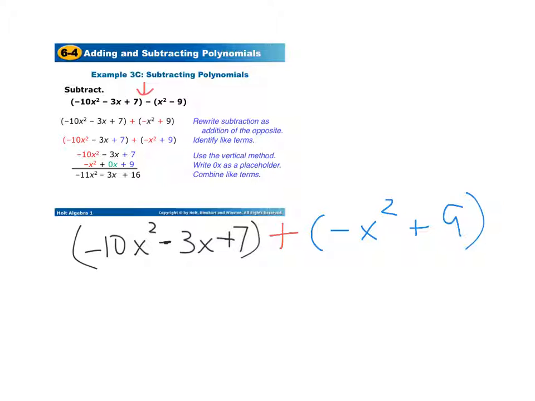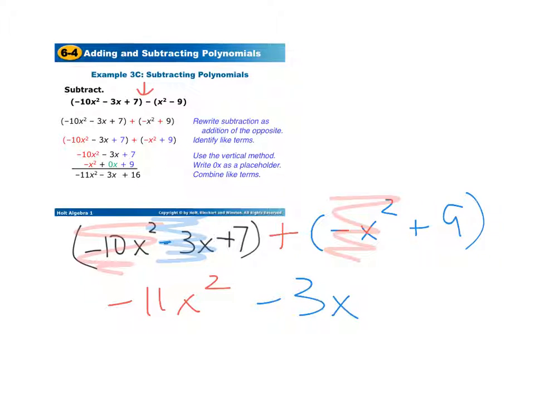Now I'm going to go back, add my x squareds, and this gives me -11x squared. Go back, grab all the x's, because I want it in standard form. And then I put -3x, because nothing to group with it. And then lastly, get all the constants. So 7 plus 9, and that gives me 16. And that is my simplified polynomial that I just subtracted.